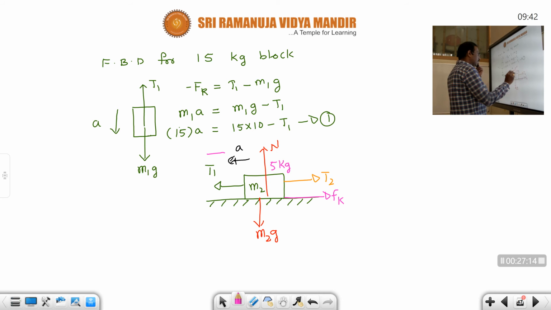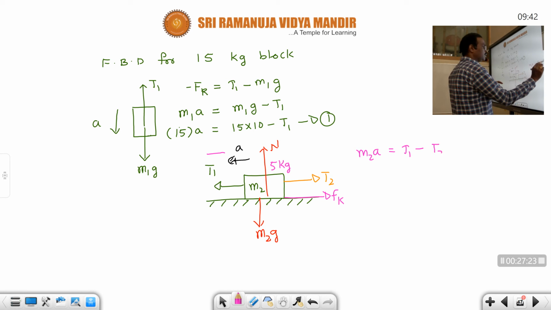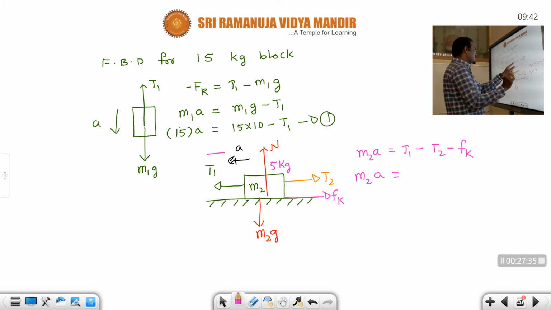Directly I am writing, in the direction of acceleration the force is T1 applied, so M2a is equal to T1 minus T2 minus the force of the friction. Here you can substitute the value of T1.